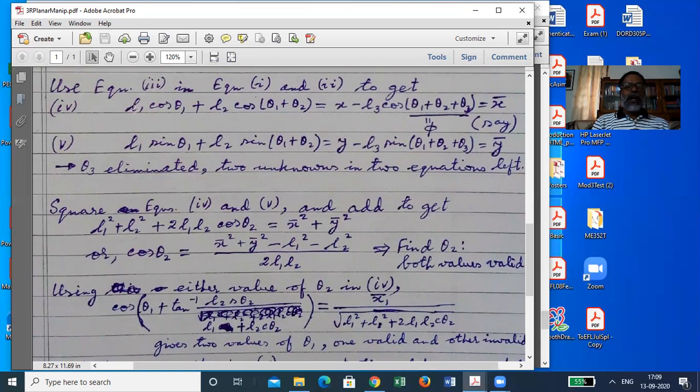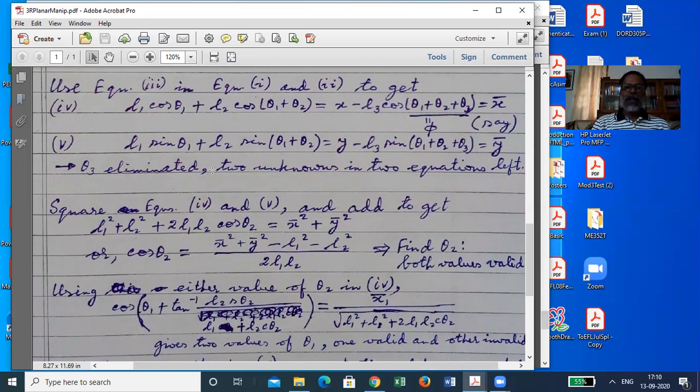So that is going to give you L2 square. Then the cross term: twice L1 L2 cos theta 1 into cos this, plus twice L1 L2 from the second equation, into sin theta 1 into sin this angle. So twice L1 L2 is common, and you see cos A cos B minus sin A sin B plus cos A cos B plus sin A sin B. That is cos of A minus B. And here you have theta 1 plus theta 2 minus theta 1.